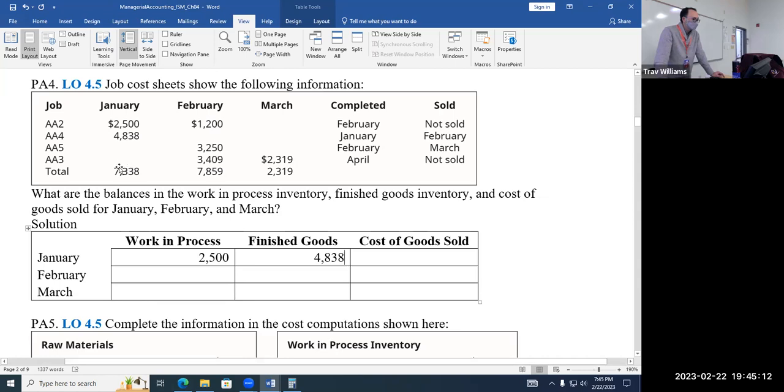How about work in process in February? This first job here, it says it was completed in February, right? So that's finished goods. What is the cost of that job that got finished in February? This first job.